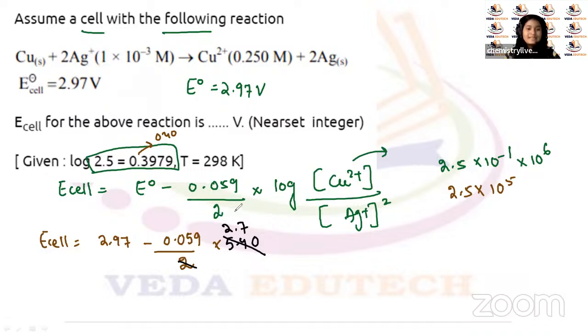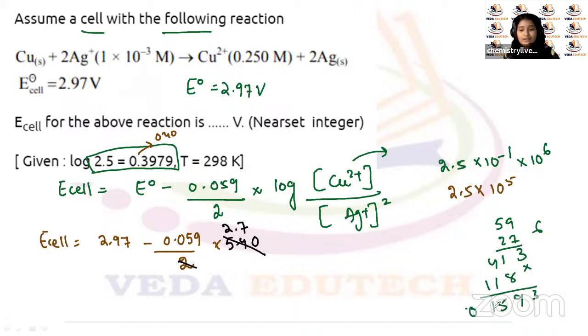This is going to be 2.7 after dividing by 2, and if you multiply this, 59 into 27, 7 nines are 63, 6, 35, and 6 is 41, 18 and 1 is 11, so 3, 9, 5, 1593, and the point before 4, so 0.15 approximately.